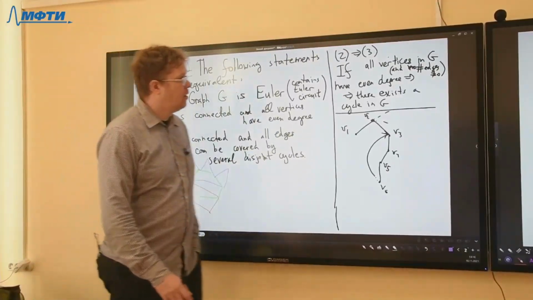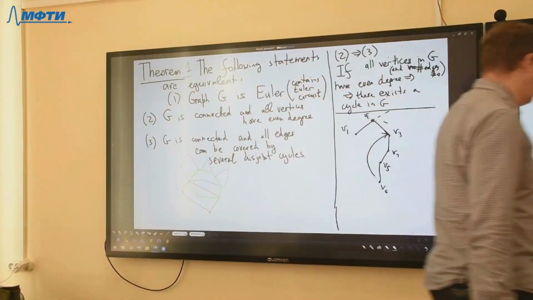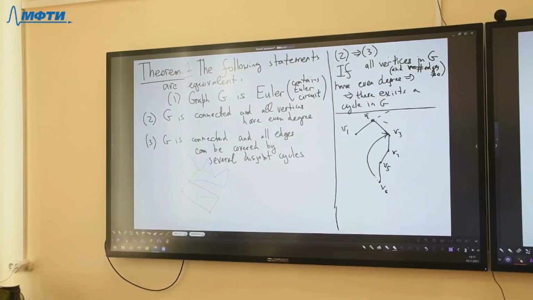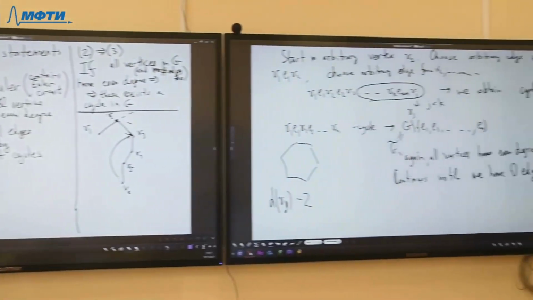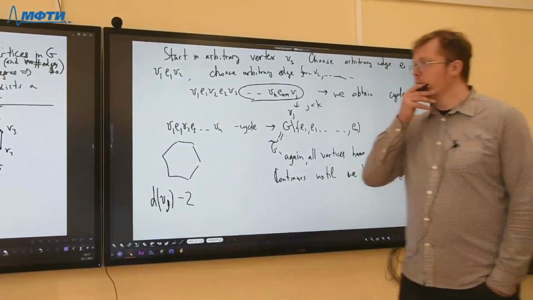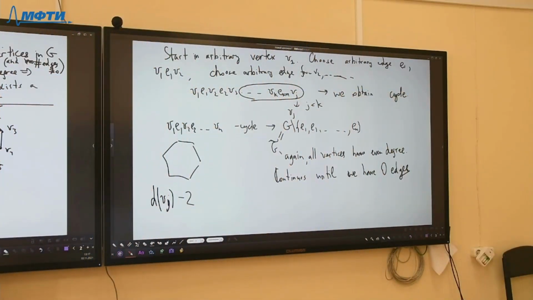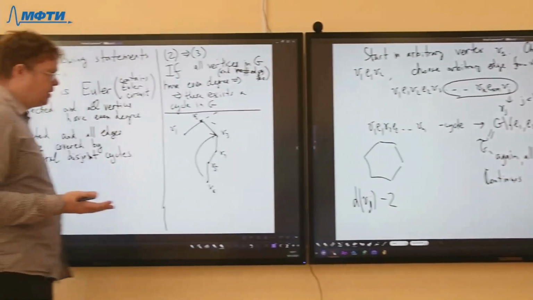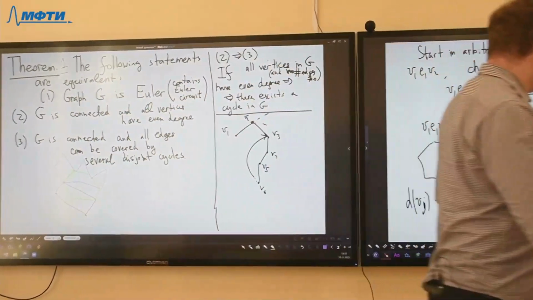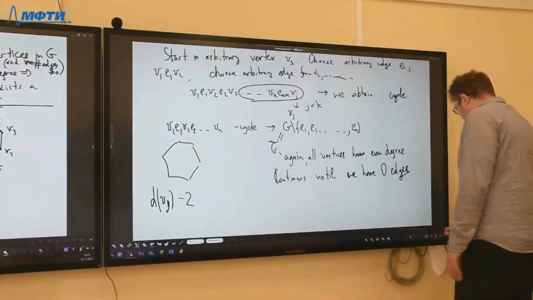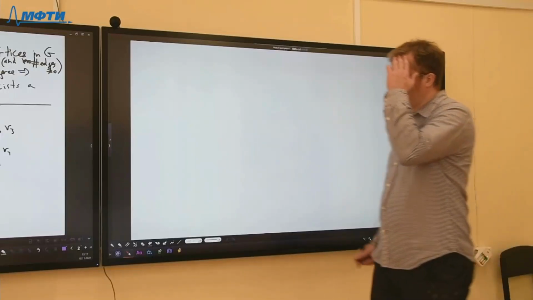Okay, let's prove 1 from 3. So now we have a connected graph where all the edges are covered by several disjoint cycles. And we want to provide a circuit that contains all the edges.